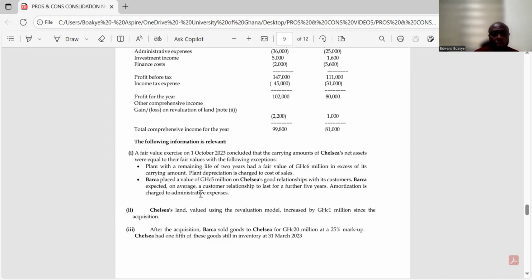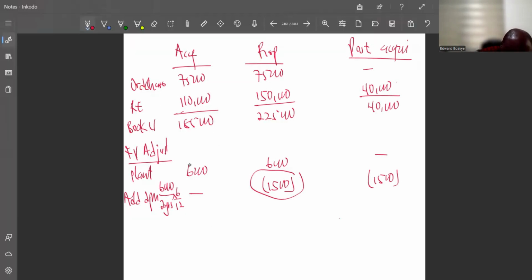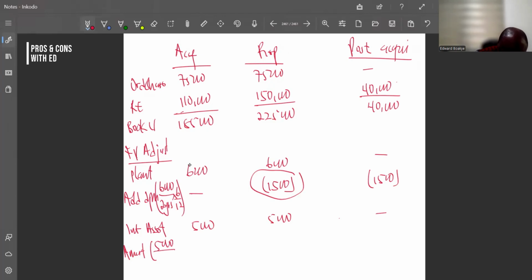All right. So 5,000, which has a number of years of 5, but we are dealing with half a year, so we have to multiply by 6 over 12. This is an intangible asset, which is customer relation. So intangible asset of 5,000, and then we have amortization of 5,000 divided by 5 years.